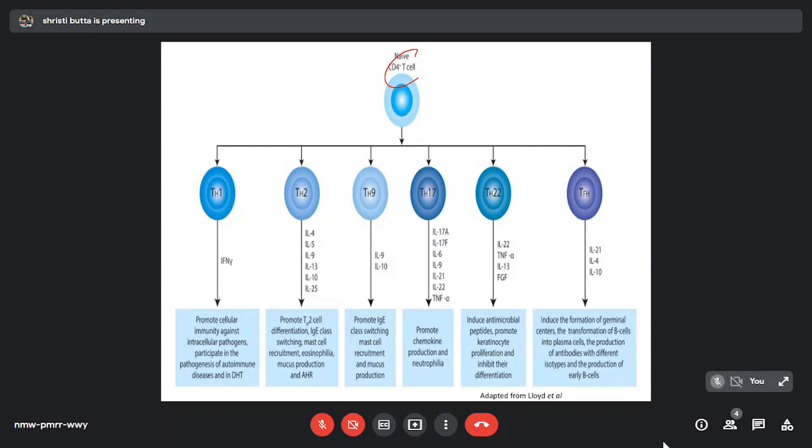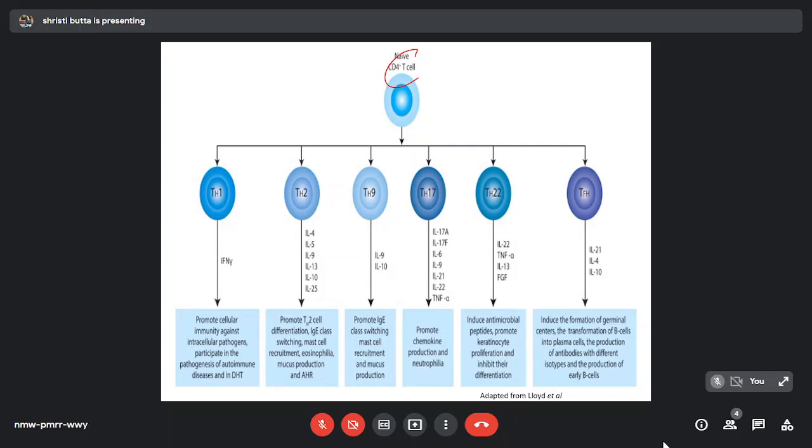Yes, remember the class on neutrophils that we discussed? We always discuss these T helper 17 cells, which are responsible for the neutrophil recruitment. It is very important to note further that we have T helper 22, that is involved in antimicrobial peptide production, and it also promotes keratinocyte proliferation and inhibits their differentiation.